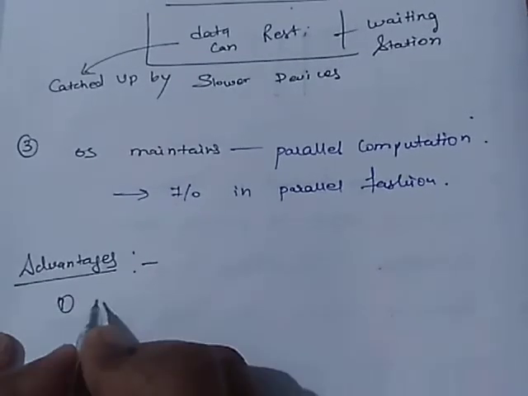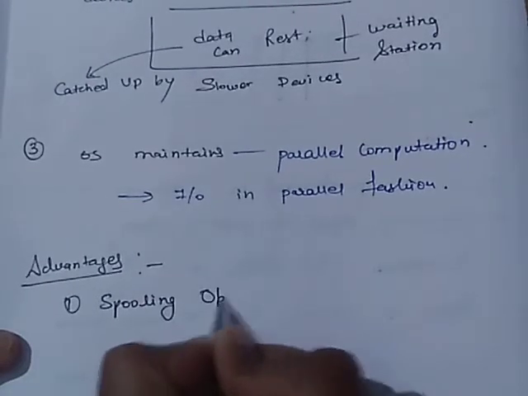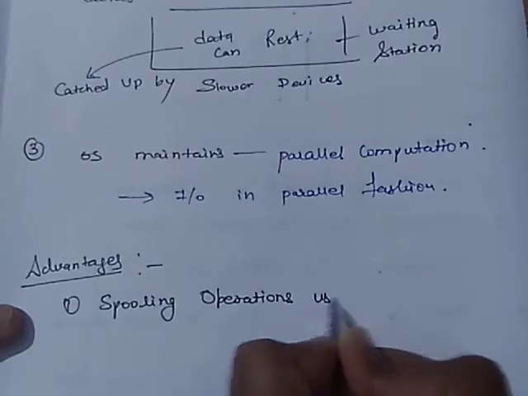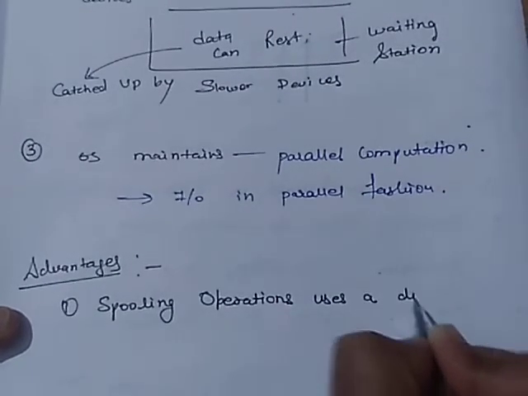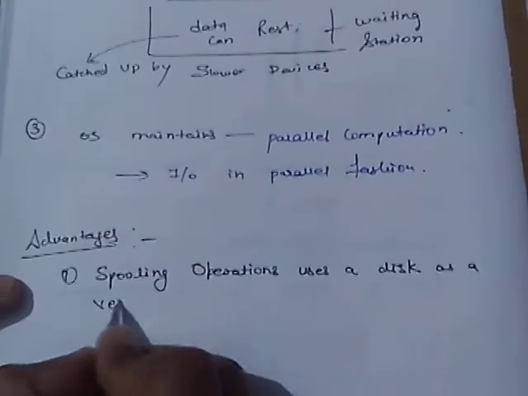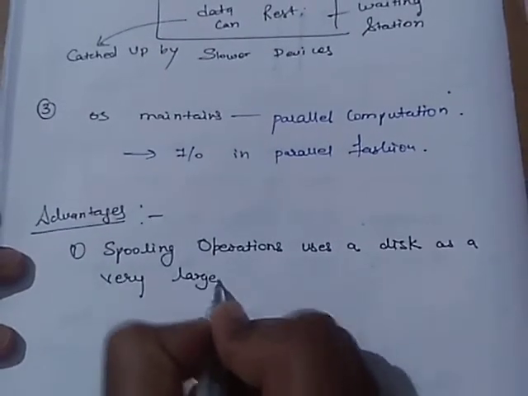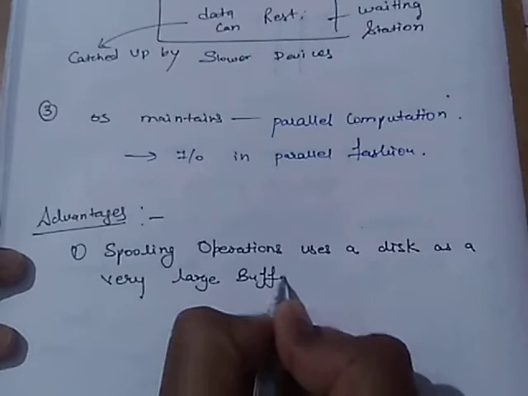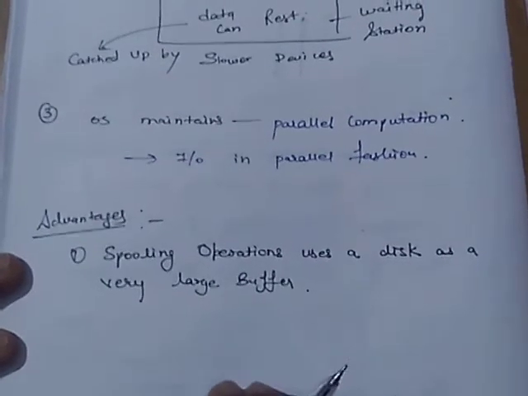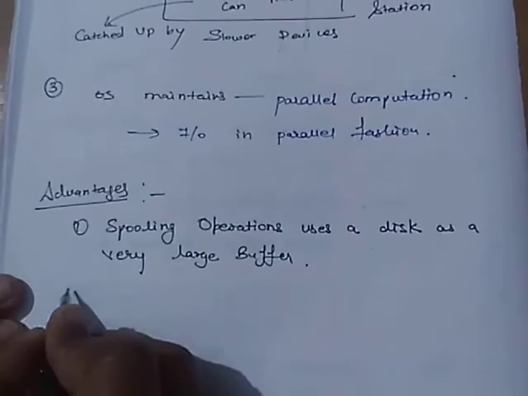So spooling operations use a disk as a very large buffer. It means a very large memory portion of hard disk is used.